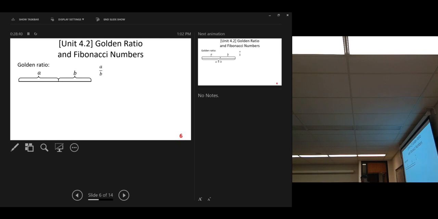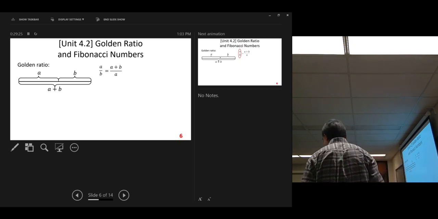In ancient Greek history, someone thought that when this ratio equals the whole line segment A plus B over the longer one, A, then that's the most natural way, the best way to split. So they argued in that way.